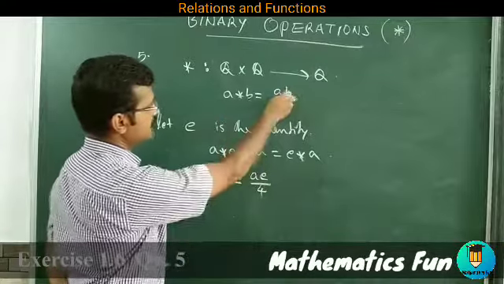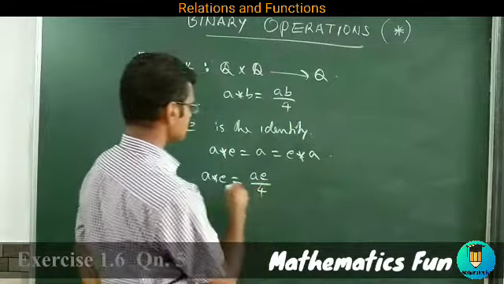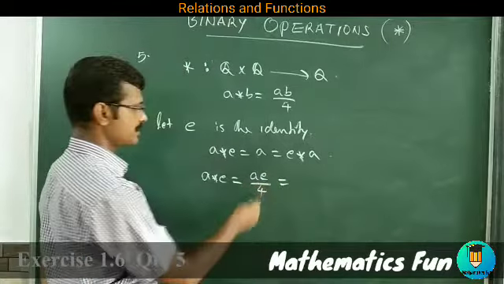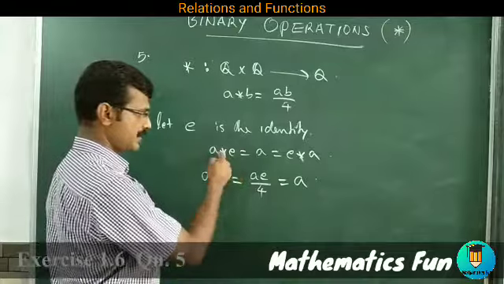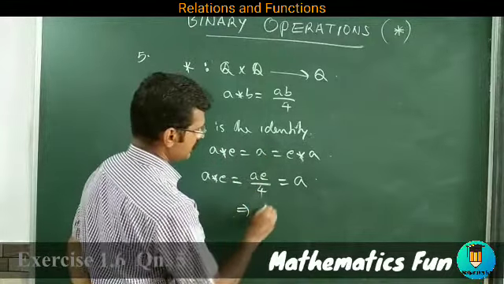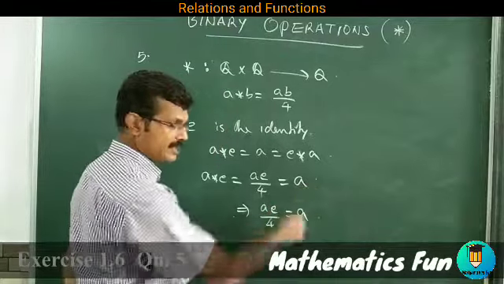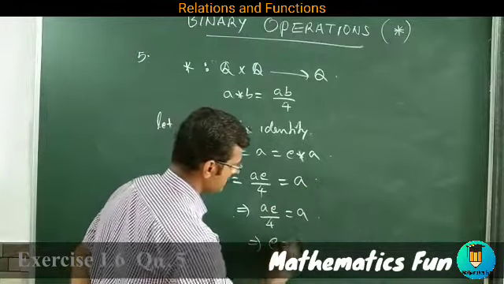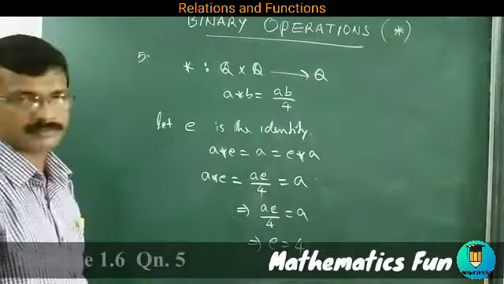A star E is equal to AE by 4, and that is equal to A by the identity's definition. So this implies AE by 4 is equal to A. A cancels. This implies E is equal to 4. That means I am getting the identity element is 4.